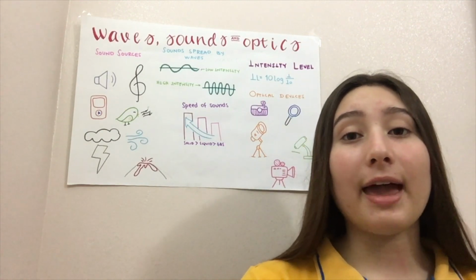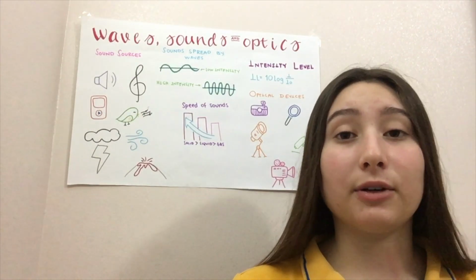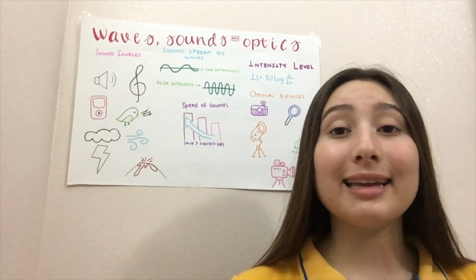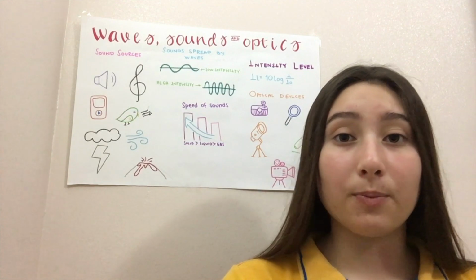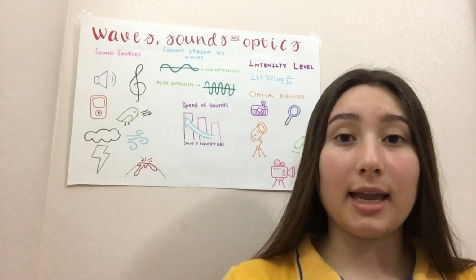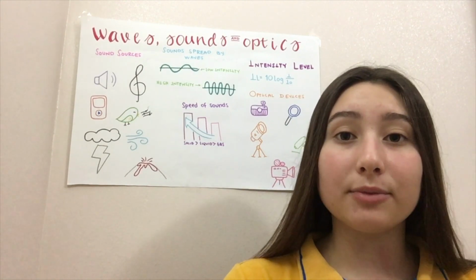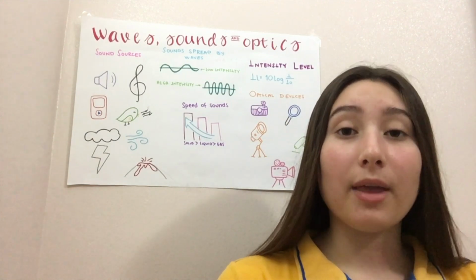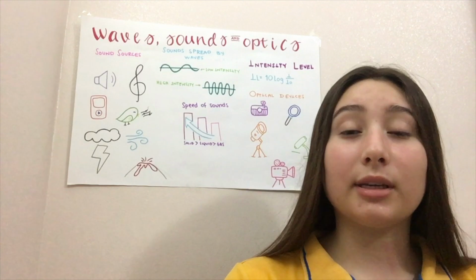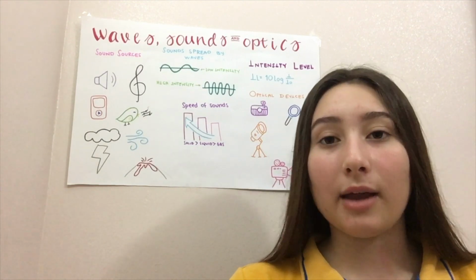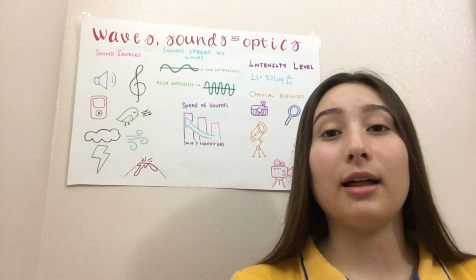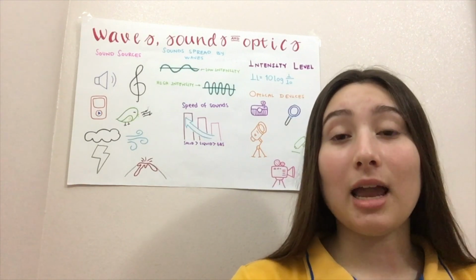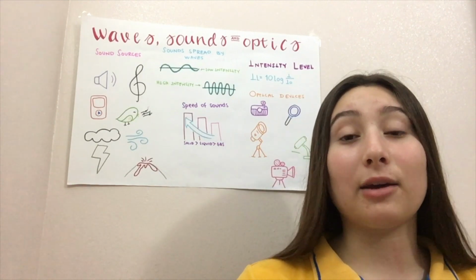Now, the intensity level is different from the intensity, and it is measured in decibels. Why are decibels taken as the unit for intensity level? This is related to how we perceive sounds. How our ears perceive sounds can be more accurately described by the logarithm of the intensity rather than directly the intensity.